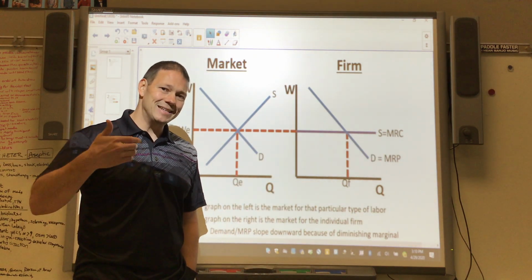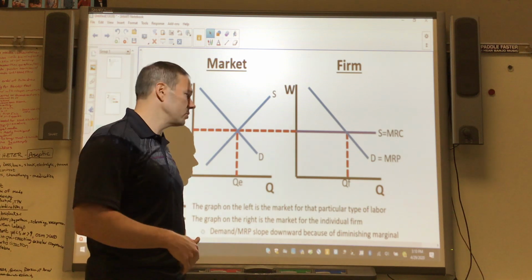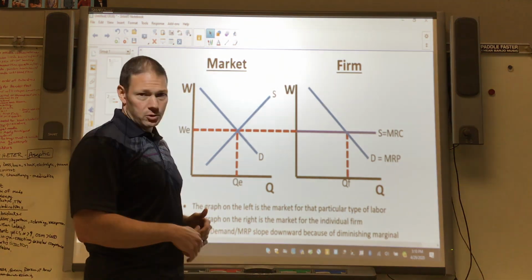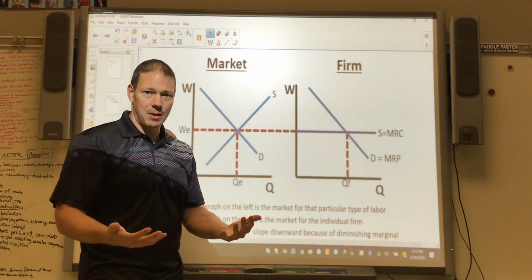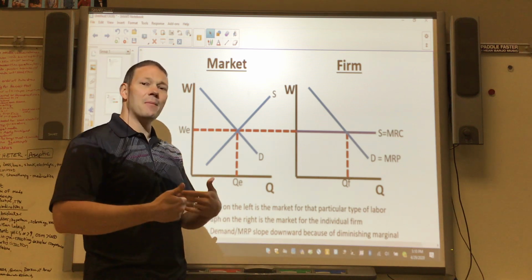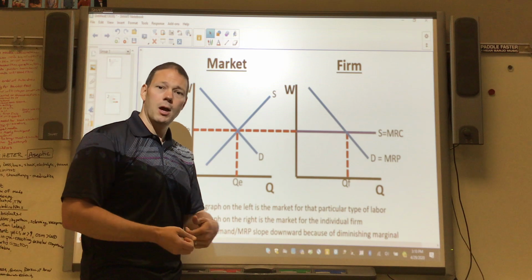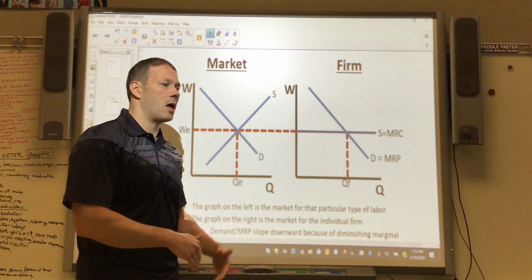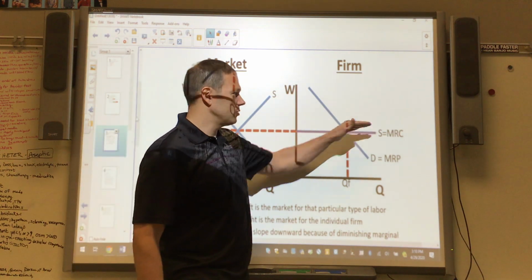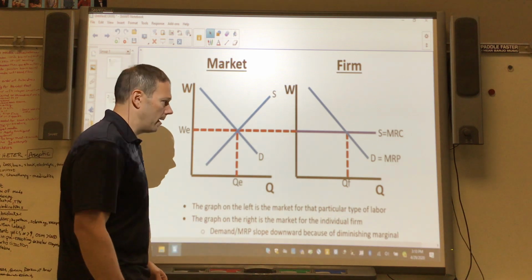In other words, that's the additional cost of hiring another worker. So again, if $20 is the going wage for that type of labor, every time I hire another worker, I pay another $20. Hire another worker, another $20. Another worker, another $20, and that's why that's a constant or a horizontal line.